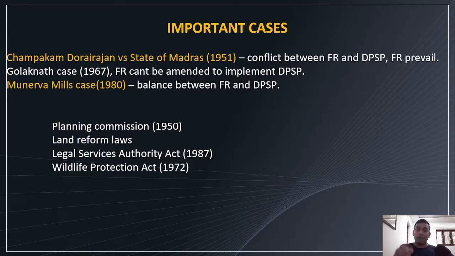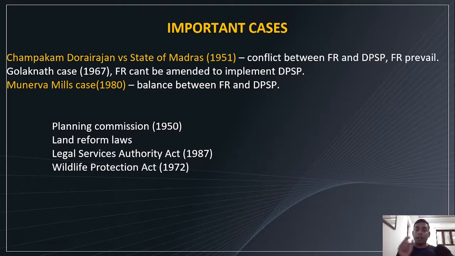Okay, yes, mainly socio-economic welfare. Okay, let's see some important cases that are related to fundamental rights and DPSP. Champakam Dorairajan versus State of Madras, which happened in 1951. There was a conflict between a fundamental right and DPSP. Actually, the case was related to reservation in medical seats. We are not going into detail.